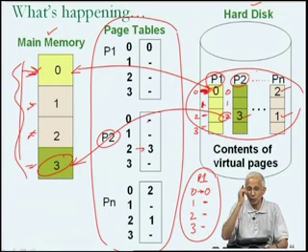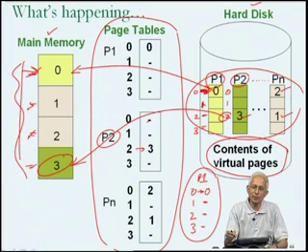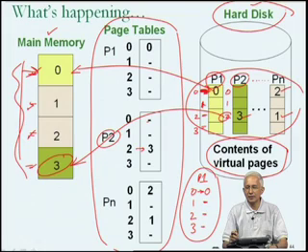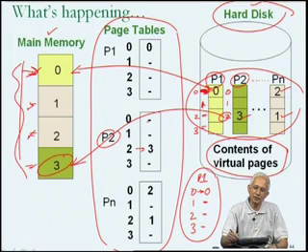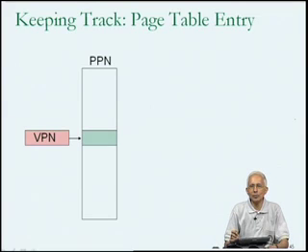this big step that we took, where we said that the contents of all the virtual pages of all the processes will be present on hard disk, gives us a clear indication that we will have to keep track of the addresses on the hard disk of each of the virtual pages of each of the processes, which means that if I go back to my picture of what information a page table entry must contain, I will clearly have to add to that.